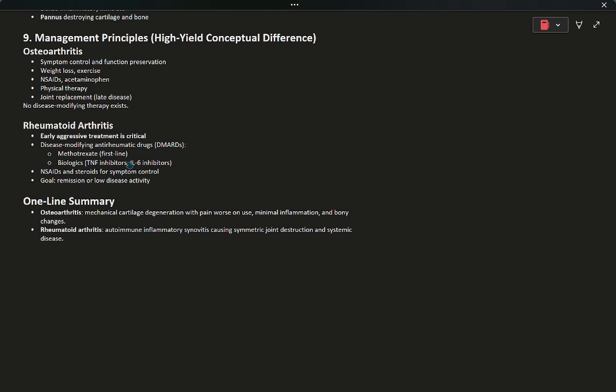These will probably end up being monoclonal antibodies that target these things. Of course, prescribe your NSAIDs and steroids for symptom control, like glucocorticoids. Symptom control typically involves pain control. And then the ultimate goal is remission or low disease activity.